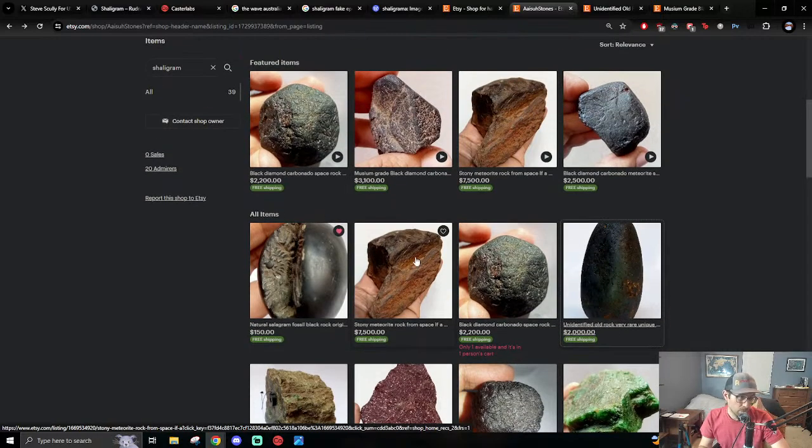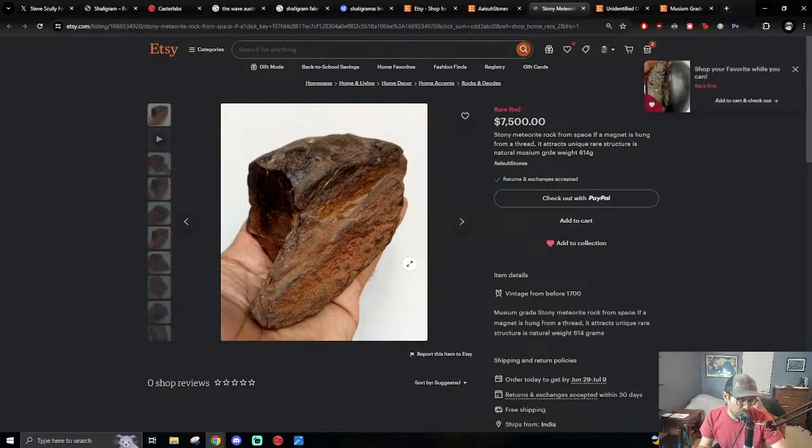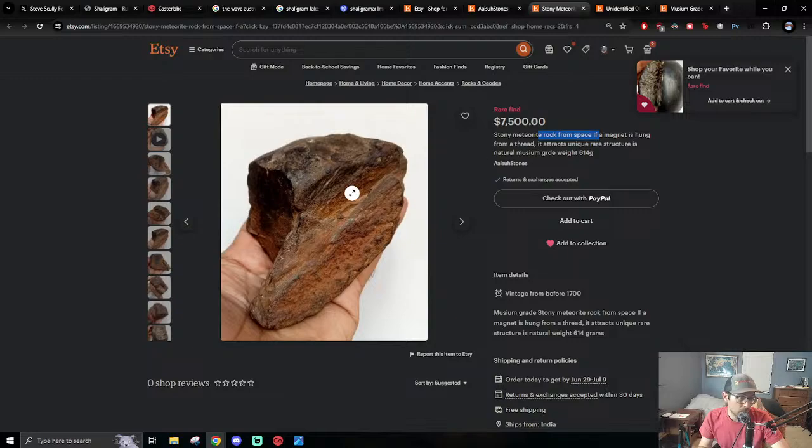Which kind of gives credence that this might be a vendor with some really unique items that they feel are actually worth that. I mean, from space.